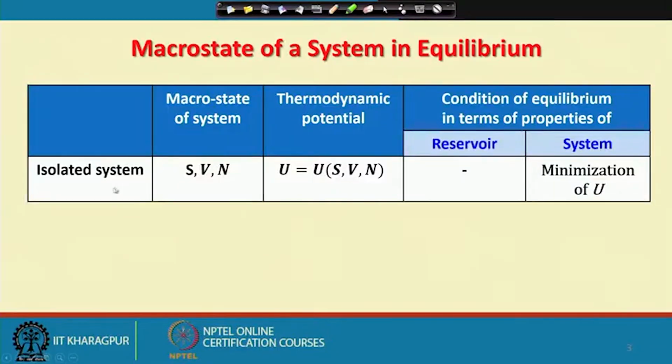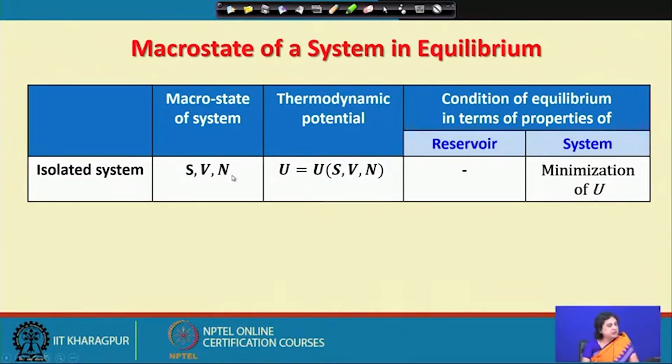We have already seen that if I have an isolated system, I require only 3 thermodynamic variables, entropy, volume and number of particles, to describe a given equilibrium state of the system. In this case, we found that there is a quantity called thermodynamic potential, which uses these 3 variables as natural variables, and the condition of equilibrium is determined in terms of minimization of the internal energy.